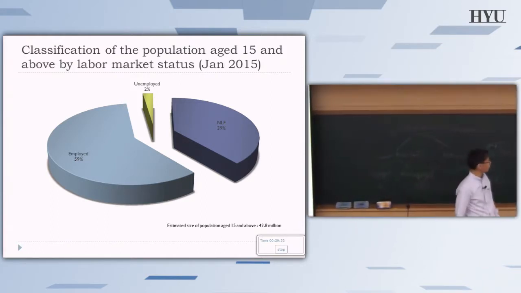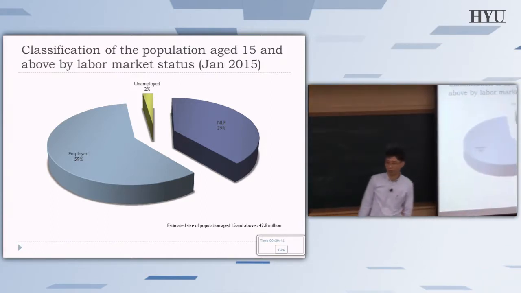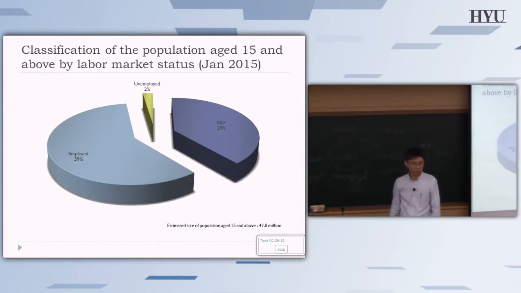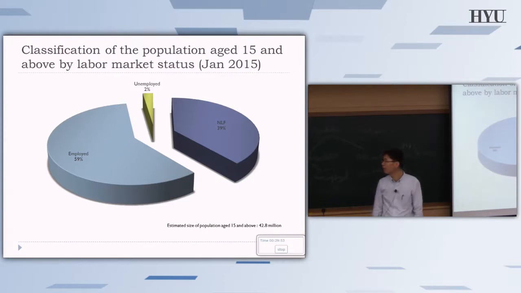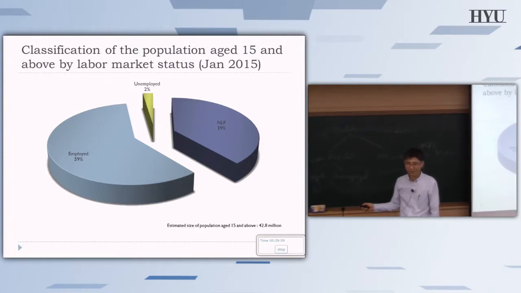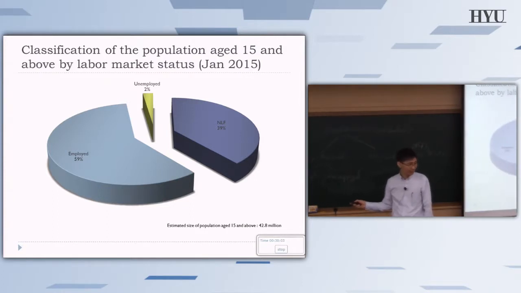What is the employment rate? What is the ER? ER is 59%. Okay, so E divided by P. What is UR? 2 over, is it 2%? It is not 2%.